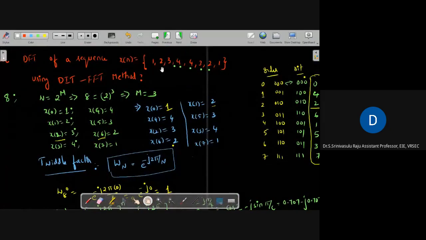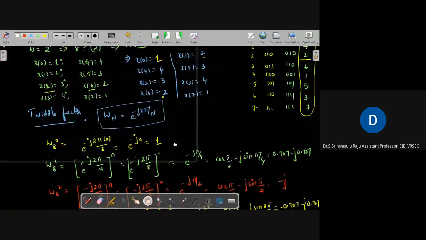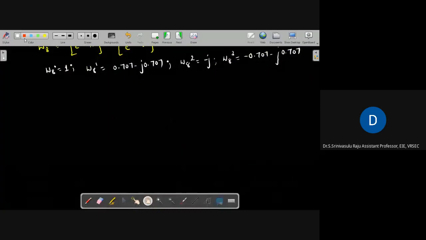Now we see the length of the sequence is 8, so we should draw 8 straight lines.